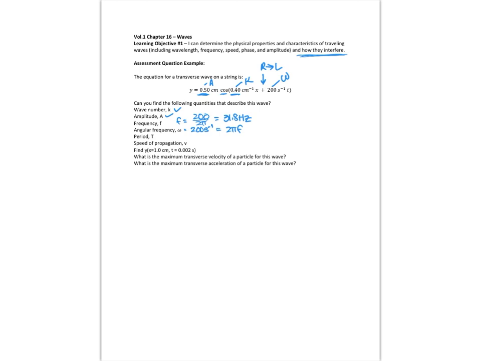The period is 1 over the frequency. So we just take 1 over 31.8 and we get 0.0314 seconds. The speed of propagation, so v is equal to frequency times wavelength.